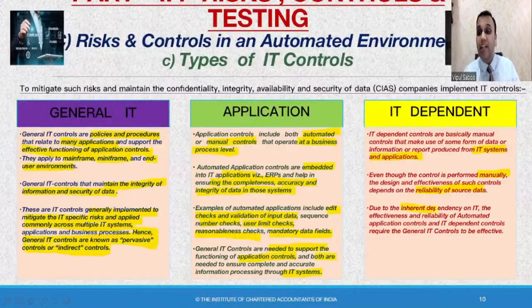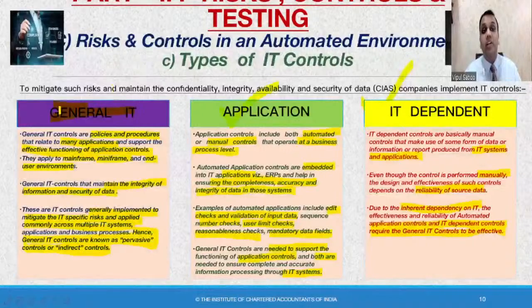Due to the inherent dependency on IT, so where do we go now? Controls at general level, application level. Now, what do we control? So this is something which is inherent. There is inherent dependency on IT. I cannot avoid it. The effectiveness and reliability of automated application controls and IT dependent controls require the general IT controls to be effective. So the efficacy, the effectiveness of application controls and IT dependent controls depends upon how good your general IT controls are.